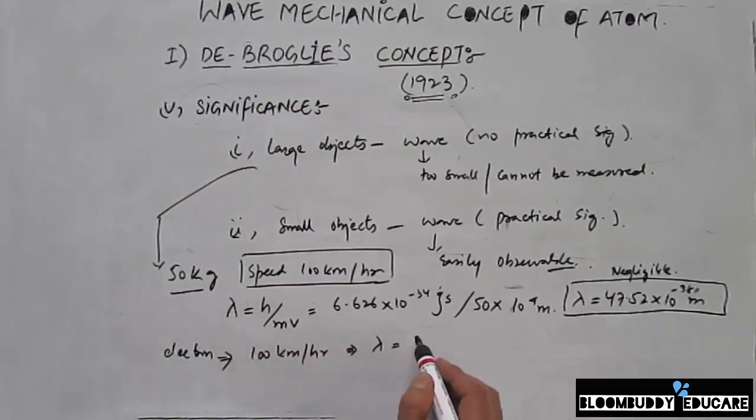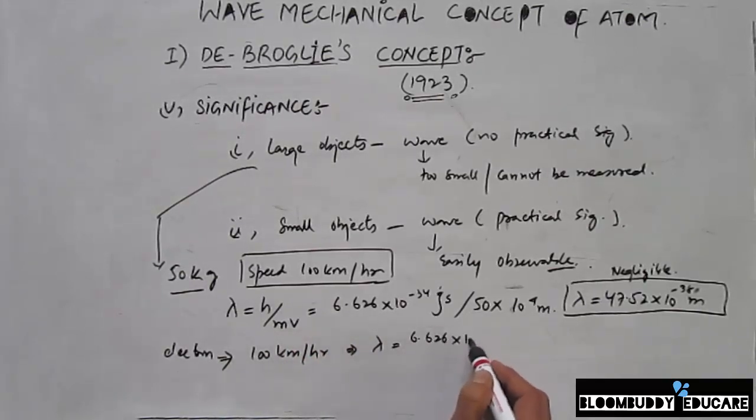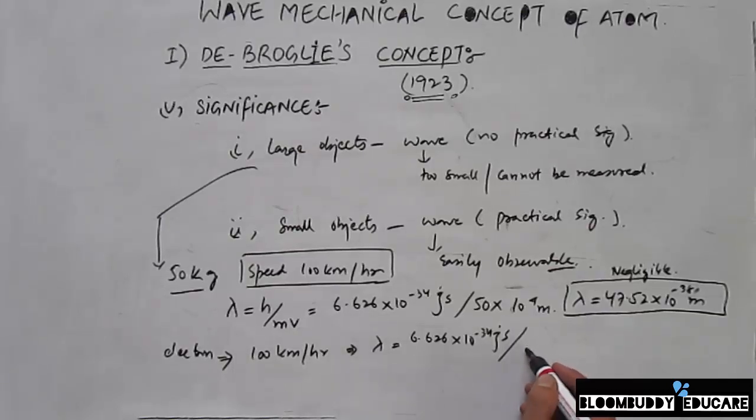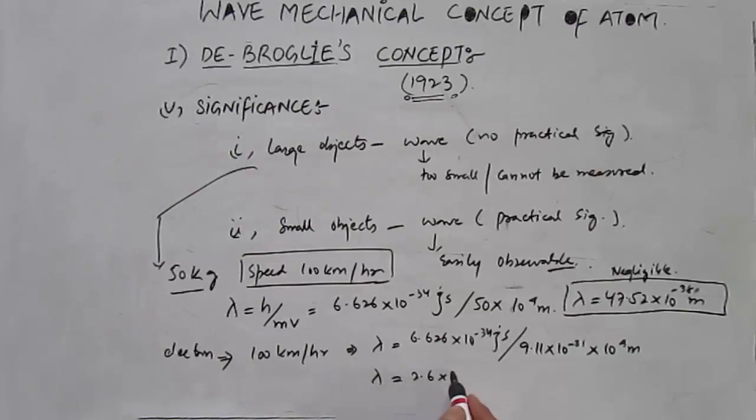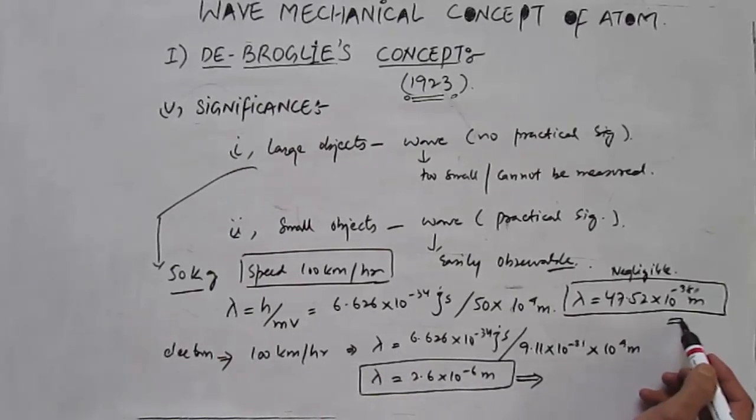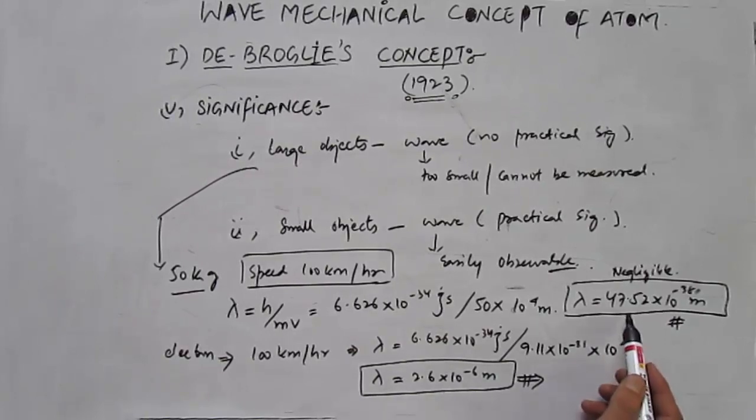So lambda will be equal to 6.626 into 10 raised power minus 34 joule second divided by the mass of an electron, that is 9.11 into 10 raised power minus 31, into the velocity, that is 10 raised power 4 meters. So this value for an electron comes out to be equal to 2.6 into 10 raised power minus 6 meter. Now when we compare this wavelength and this wavelength, we see that this wavelength is negligible.